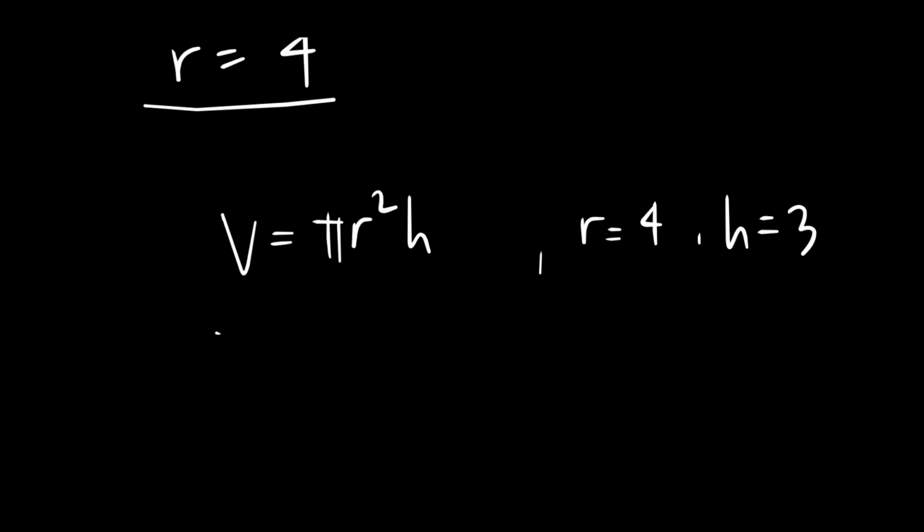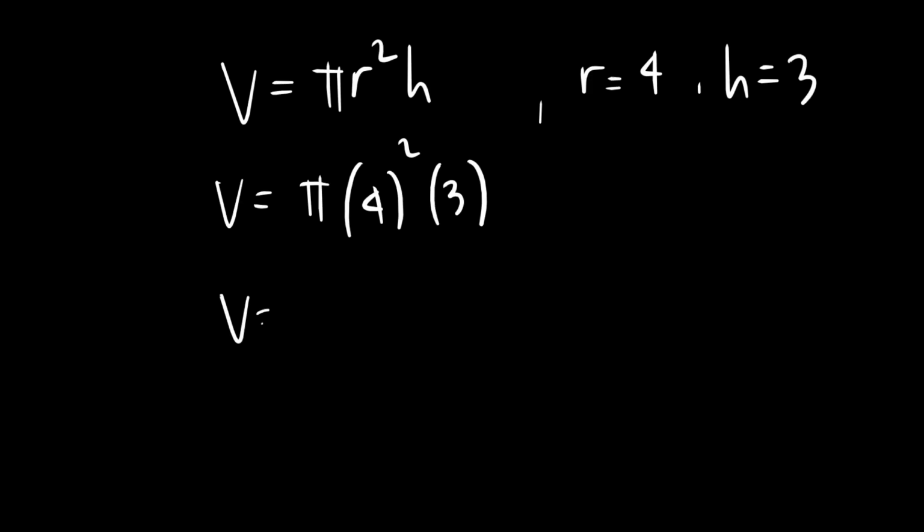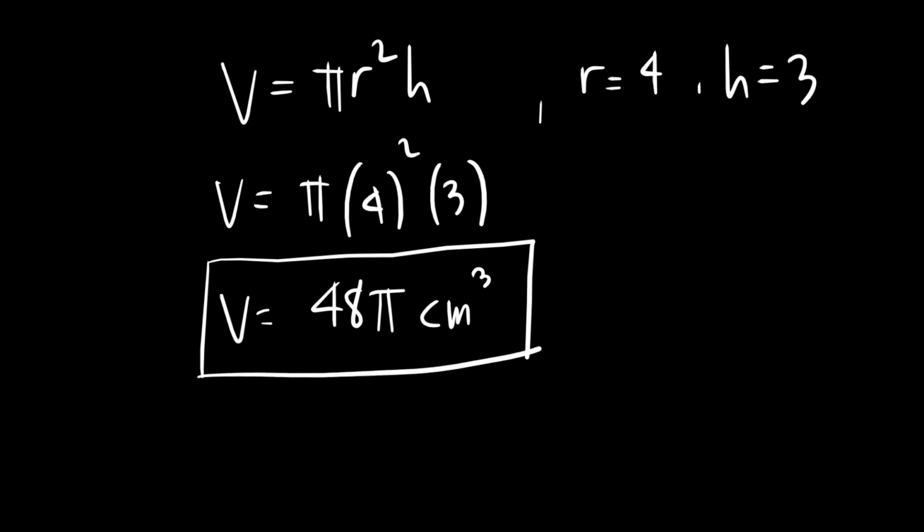So V equals pi times 4 squared multiplied by 3. By simplifying, 4 squared is 16, times 3 is 48. So 48 pi. So what are the units? It is centimeters, right? So cm cubed. So this is now our final answer.